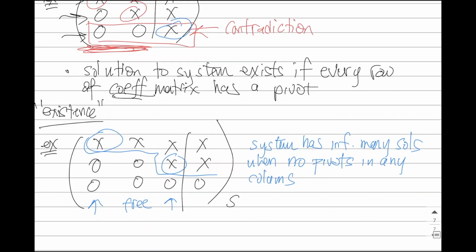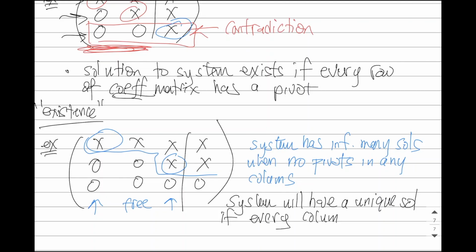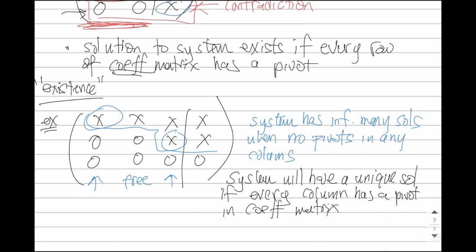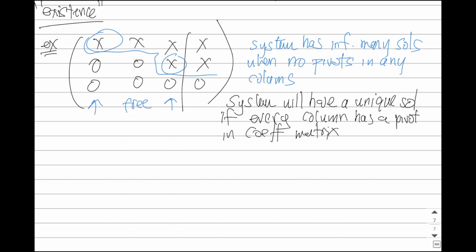A better way of putting it is that the system will have a unique solution, so it won't have free variables, if every column has a pivot in the coefficient matrix. So if every column of the coefficient matrix has a pivot, you will have a unique solution if you have a solution. So you have to be a little bit careful.